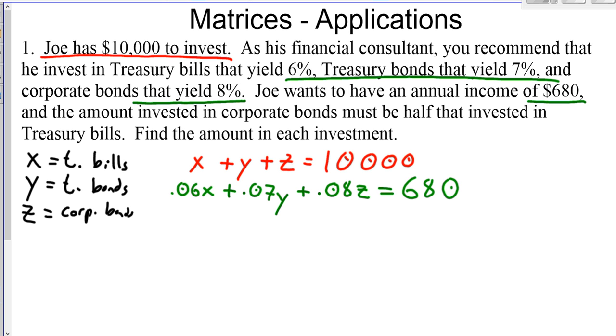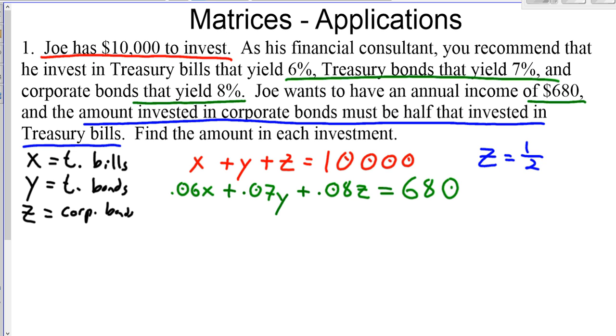Okay, so then there's one other piece of information. We know we need three equations, and it's that the amount invested in corporate bonds must be half that invested in treasury bills. So if I write that equation, I get that z is equal to 1/2 of x. I need to make sure it's in the form with x's and y's on one side and constants on the other.